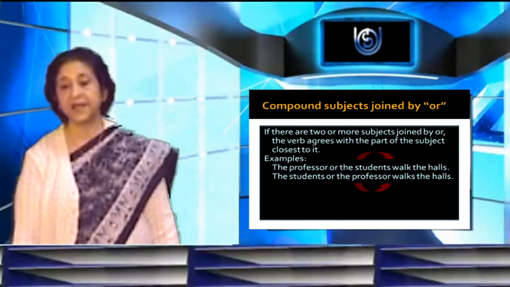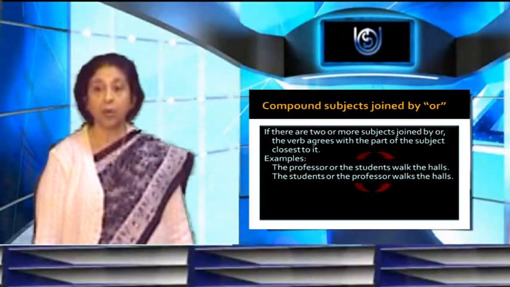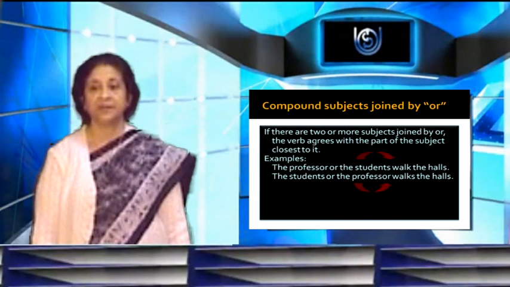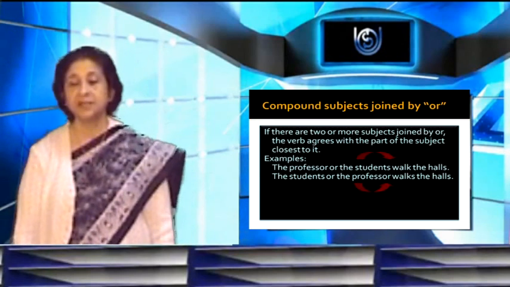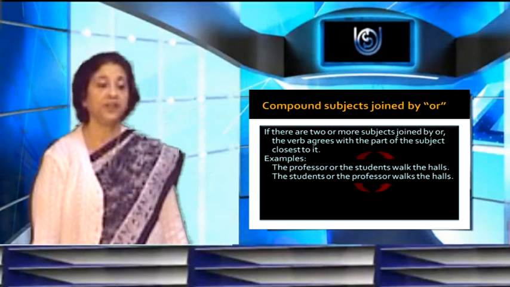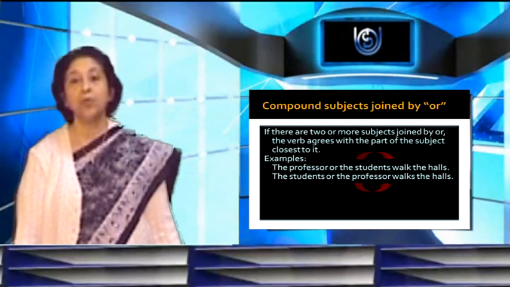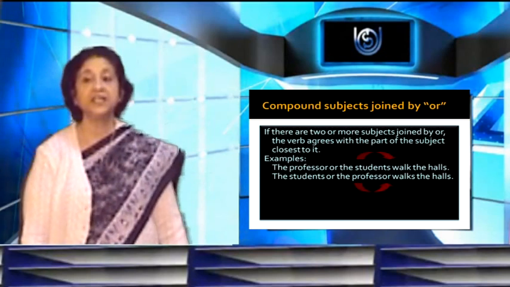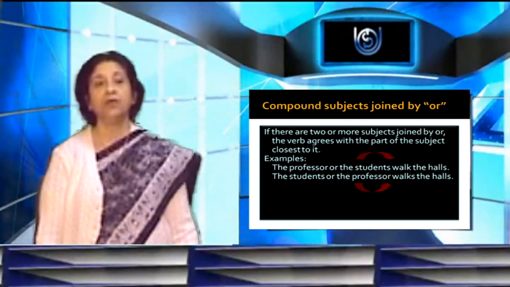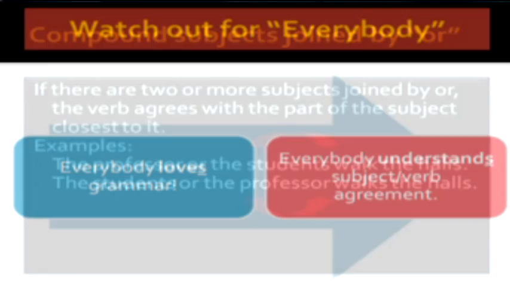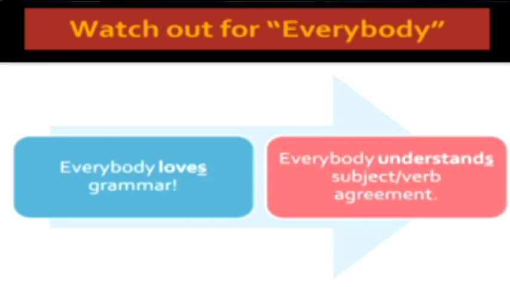And in the second sentence, students or the professor, the walks is in agreement with professor, the singular subject. So this is how we see the different situations of how verb-subject agreement exists.